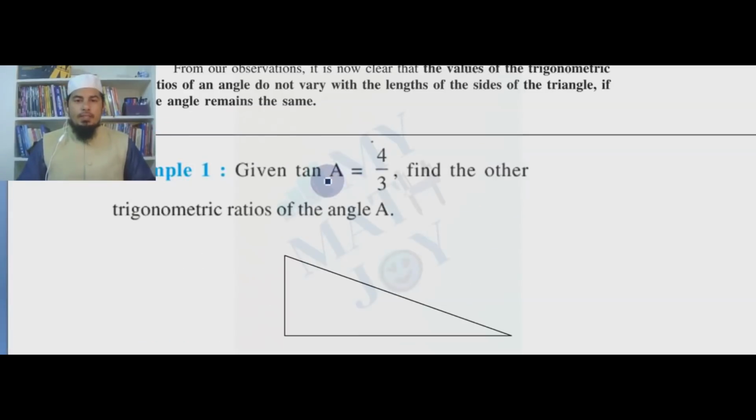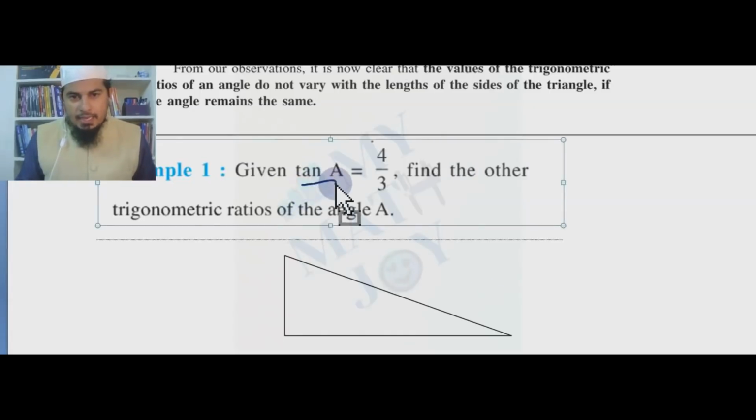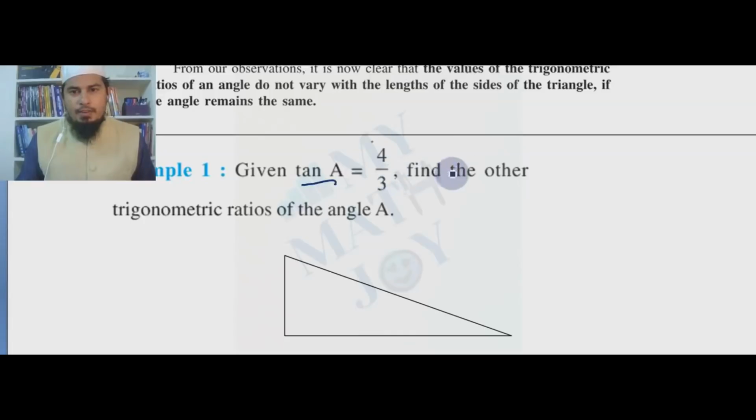Both of these questions are of the same kind. I'll show you. Given tan A is 4 by 3, find the other trigonometric ratios of the angle A. First of all, let us draw a right angle triangle to solve this type of question.